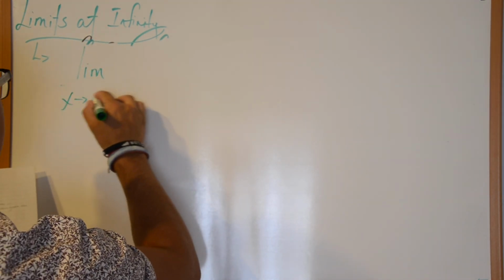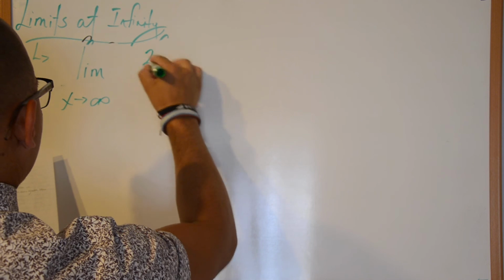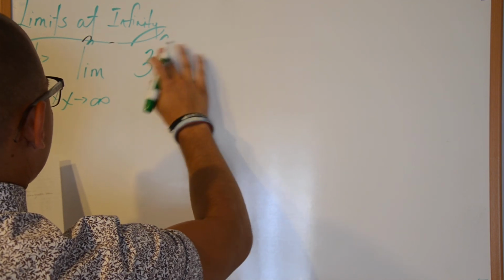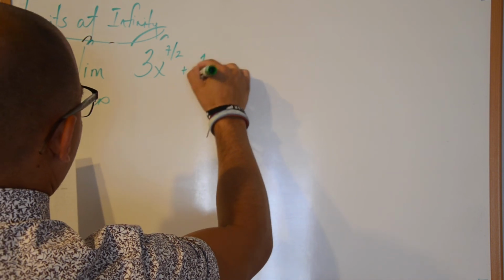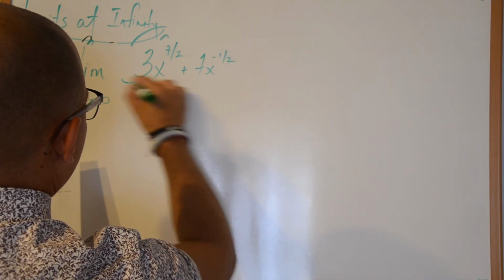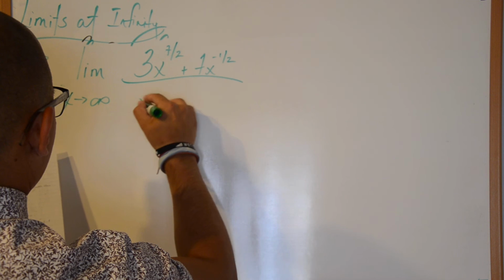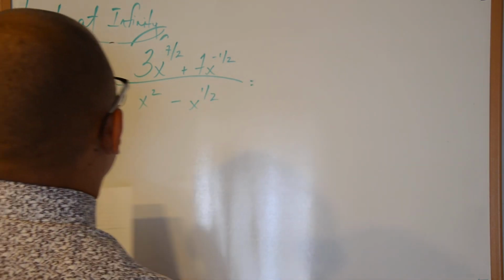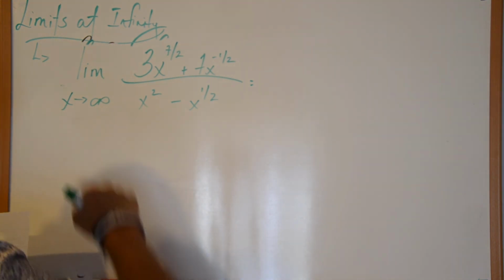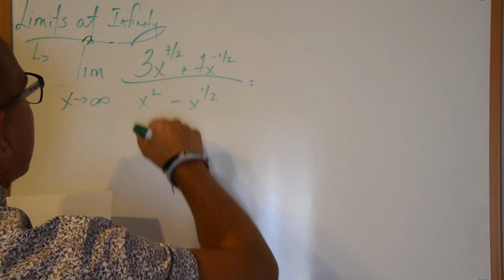So we have a limit as x approaches infinity of 3x to the 7/2 plus 7x to the -1/2 over x squared minus x to the 1/2. Okay, rational function, limit at infinity, therefore we can just kick in that theorem.